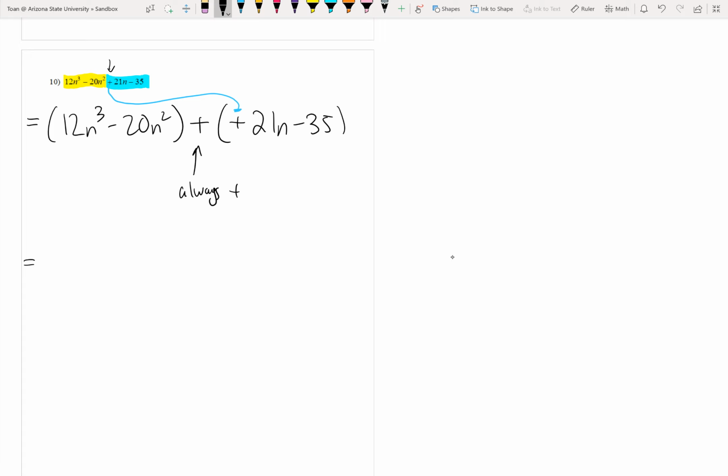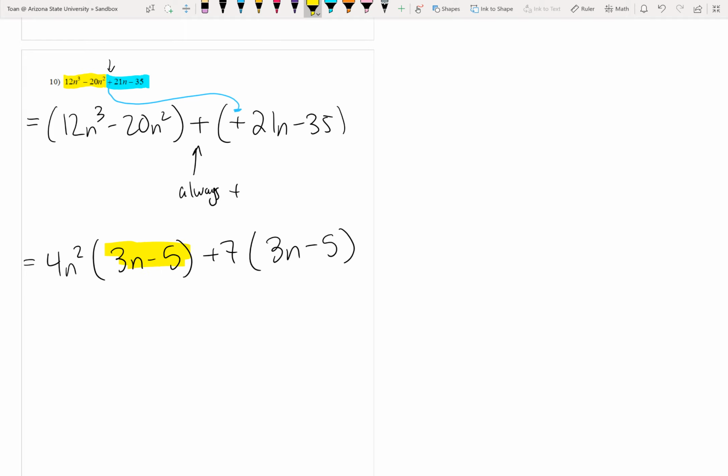By breaking up into smaller groups, instead of looking at the big picture, you're only looking at binomials. And when it comes time to factoring binomials, the only thing you can really do is GCF, greatest common factor. So for the first parentheses, the biggest thing I can pull out is a 4n squared, which leaves behind a 3n minus 5. And in the second group, the biggest thing I can pull out is a 7, which leaves behind a 3n minus 5.